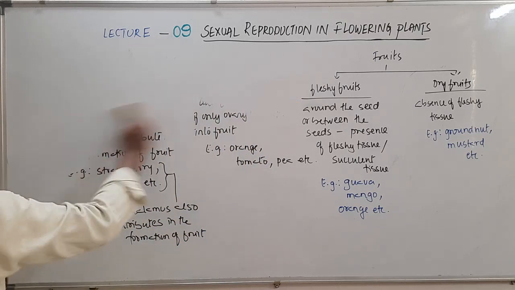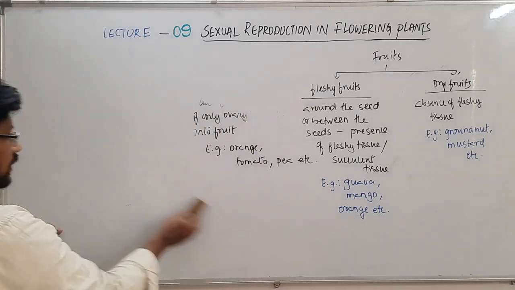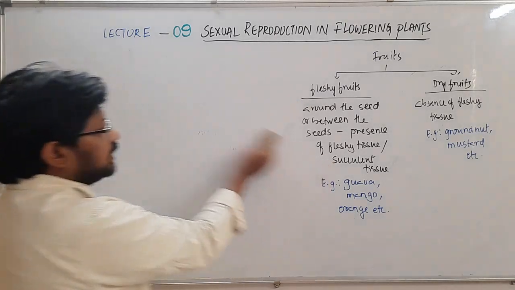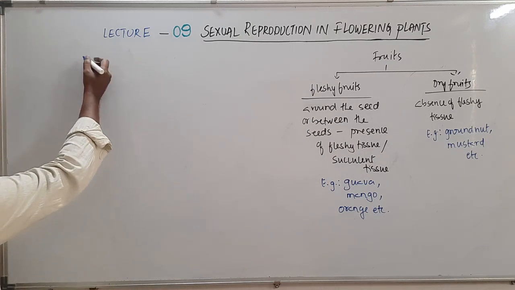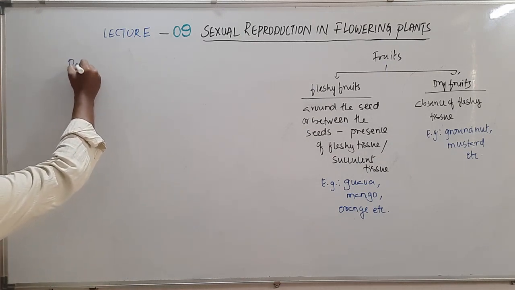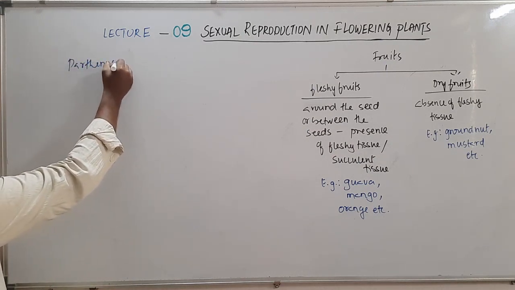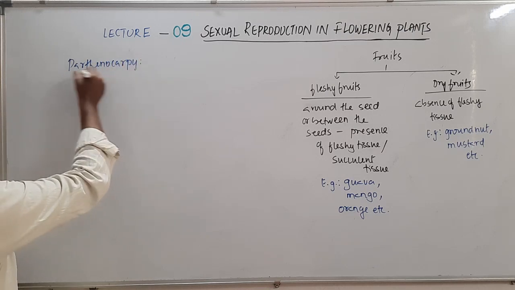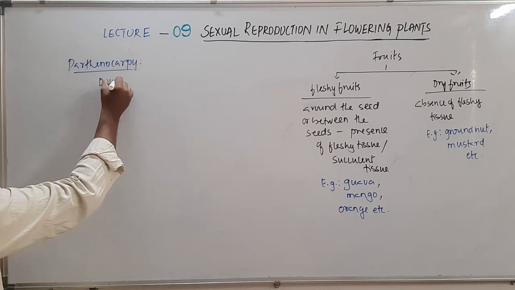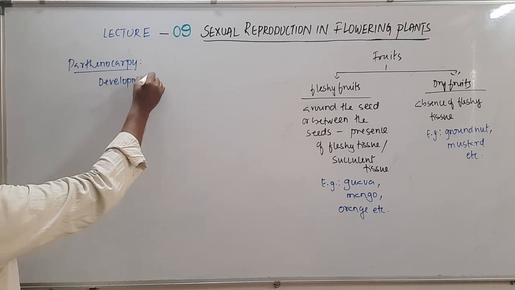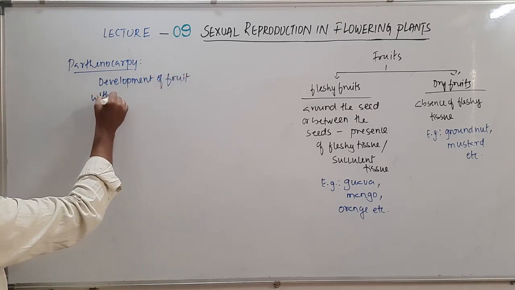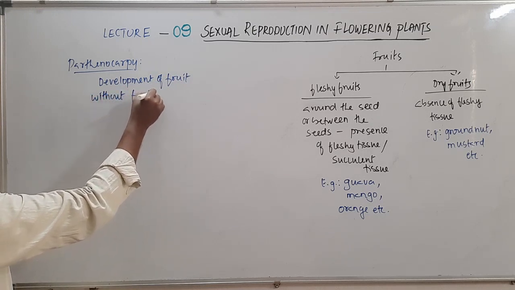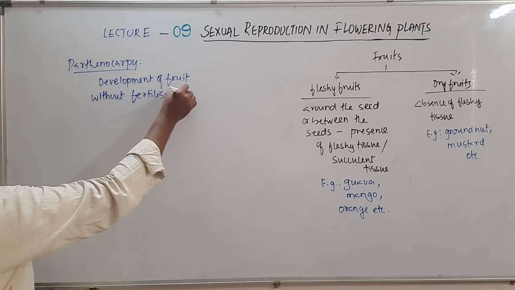Right, now there are certain situations where the development of fruit takes place without fertilization, and if it is the case, the condition is called parthenocarpy. So parthenocarpy is simply the development of fruit without fertilization.